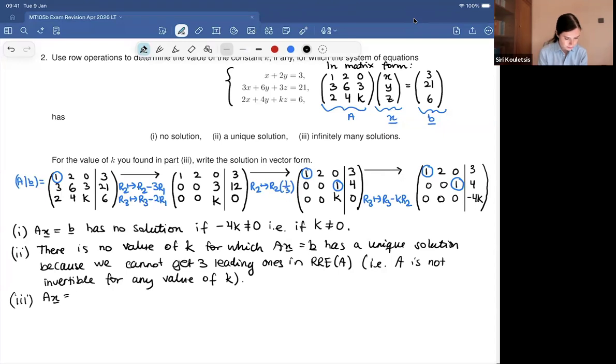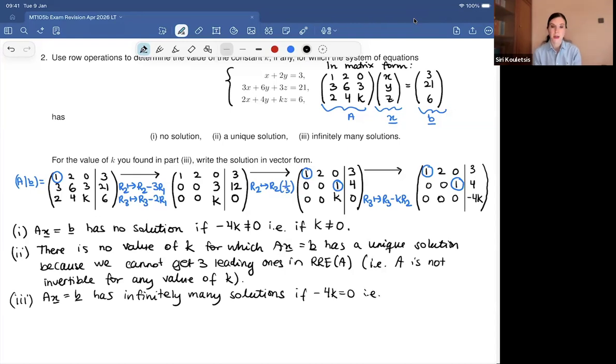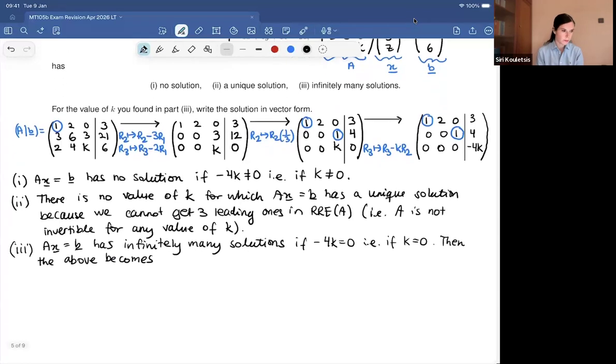So let's write this down. So if minus 4k equals 0, i.e. if k equals 0. And then let's write out what our reduced augmented matrix becomes, so that we can see it clearly before we write out the solution in vector form.